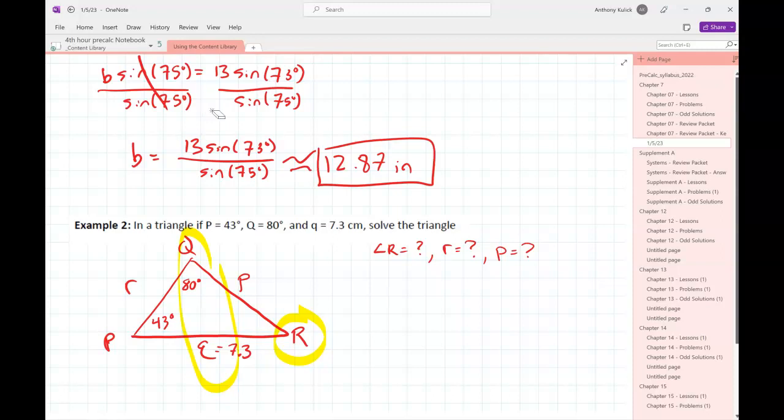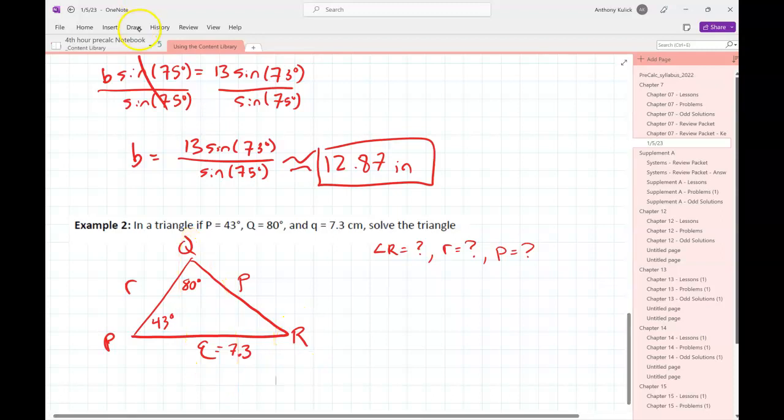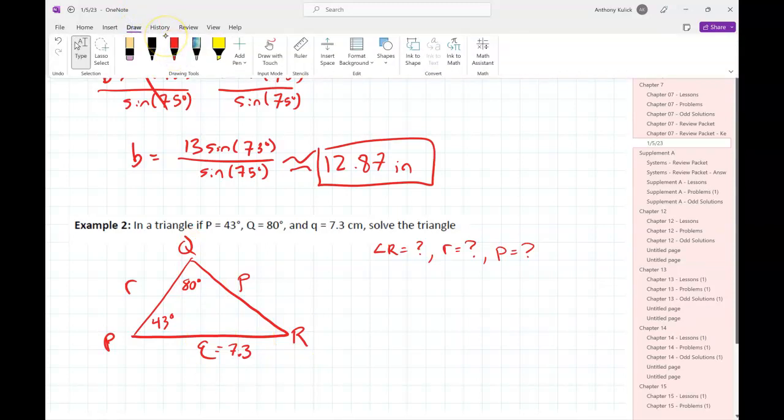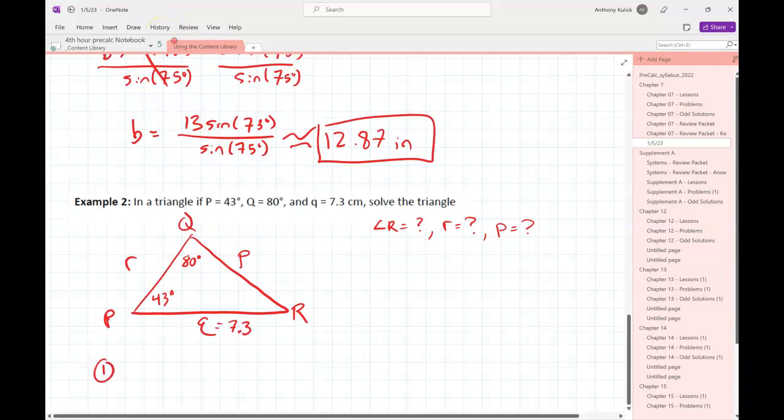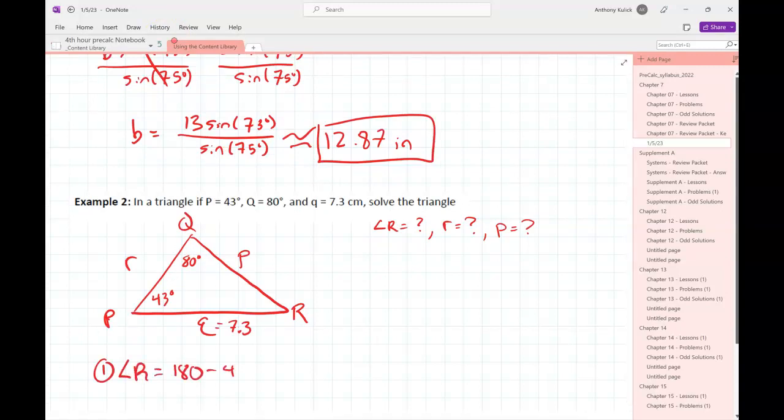Doesn't really matter. What would I do? I'd solve for angle R first because that's really easy. So just like before, 180 minus 43 minus 80 is just 57.